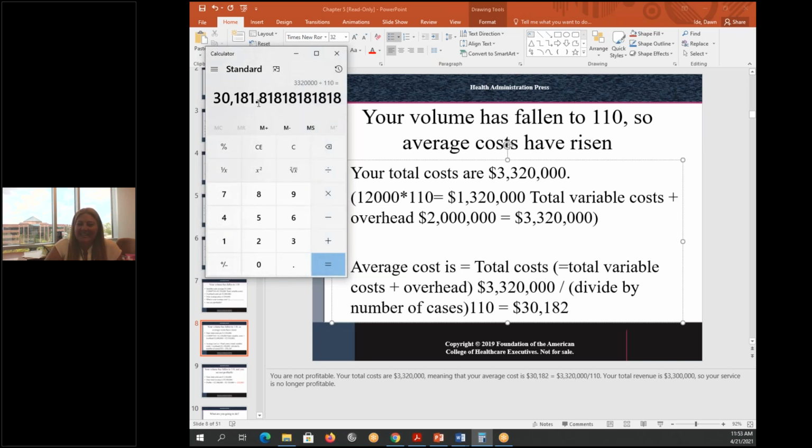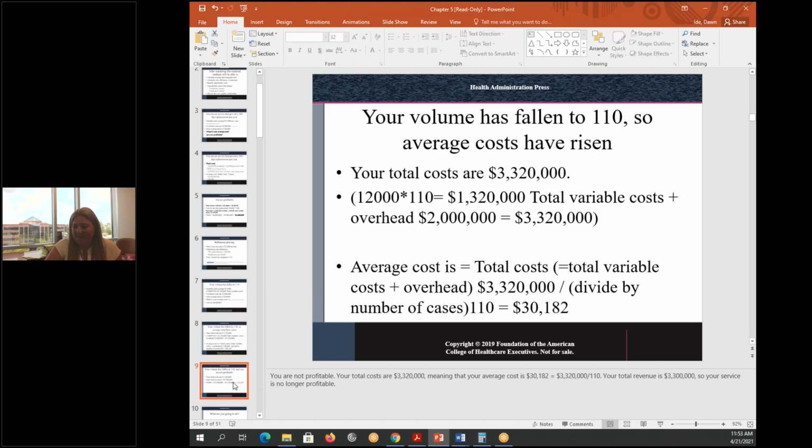If what begins after your decimal point is anything that's a 5 or higher, so this is an 8, you're going to round up, right? So that's how we got 30,182, because this is an 8, so that goes to a 2. Okay? I'm sure you guys remember all that fun stuff.